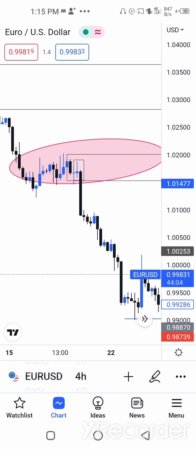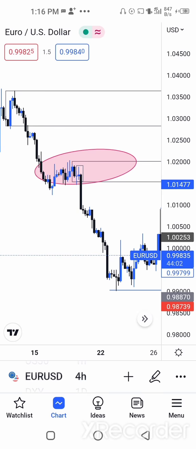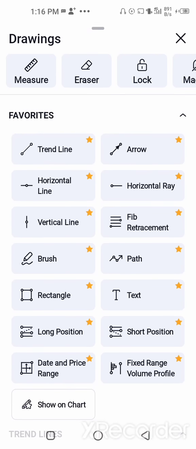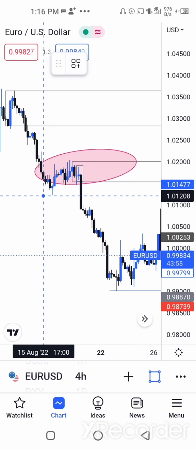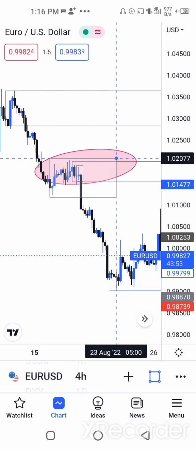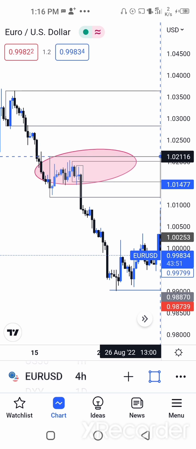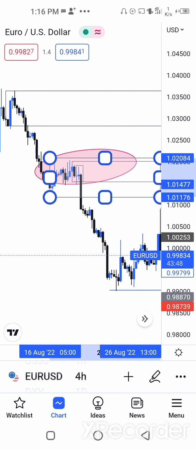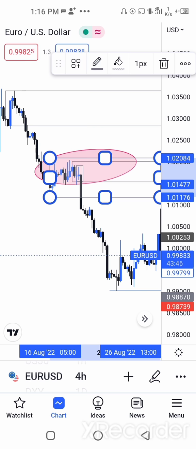But for your supply zone, you can mark this whole last up move before the down move as a supply zone. So you can either call it a retracement block or a supply zone. You can see how I marked it out from that low to that high. That is the last up move before the down move, the last bullish corrective move before the impulsive move. That is what I call the supply zone, the supply retracement block.